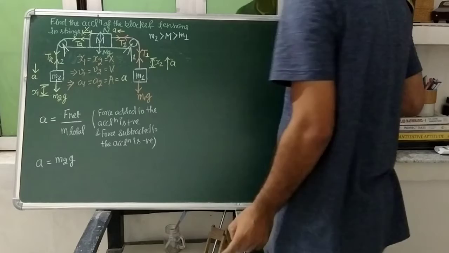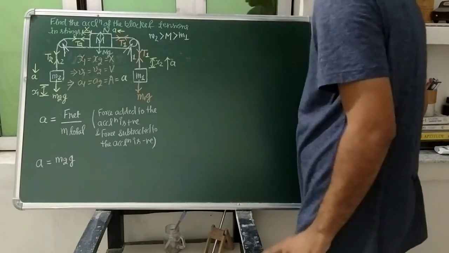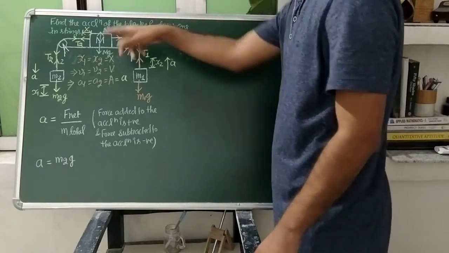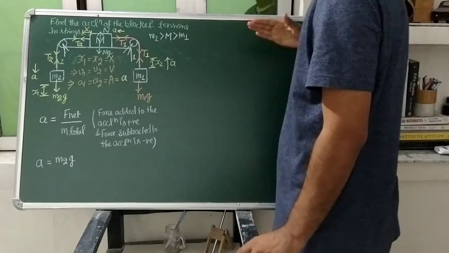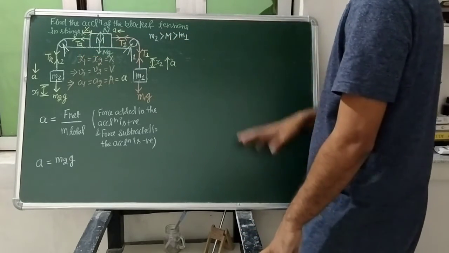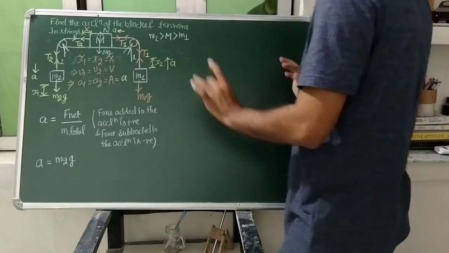Here, what will we say, student? This Mg is not going to affect this acceleration. Mg is in the y direction, but the acceleration is in the x direction. And in the x direction, T2 and T1 tensions are present. Since tension forces will not be taken into account, here we will get nothing.